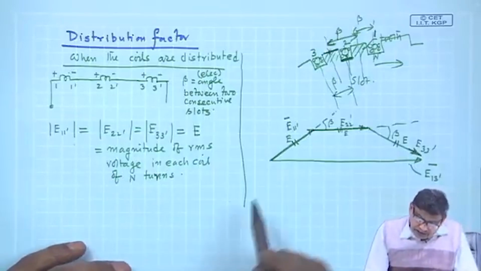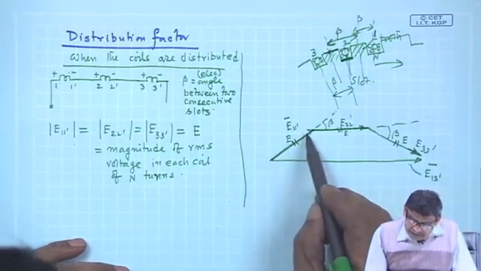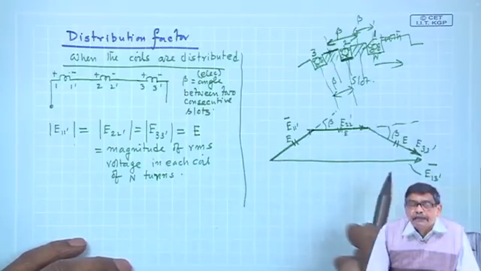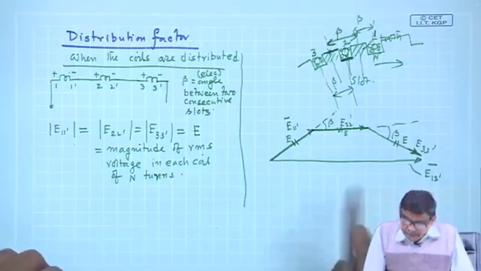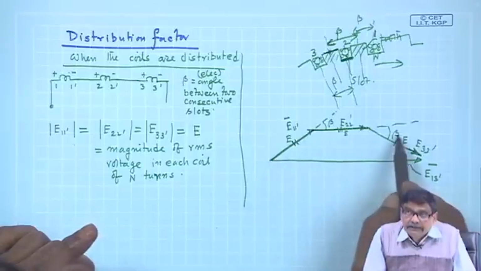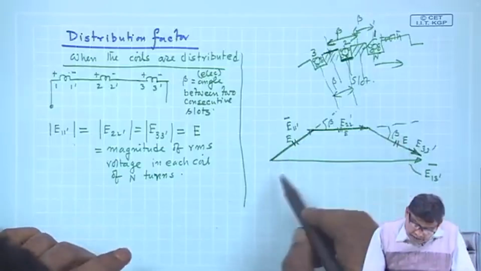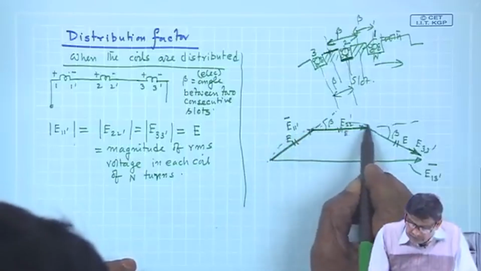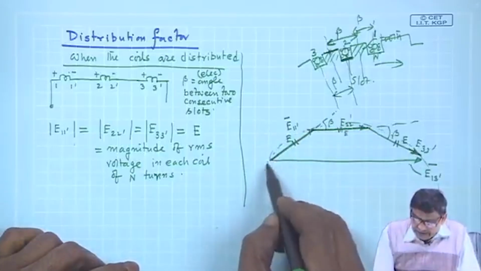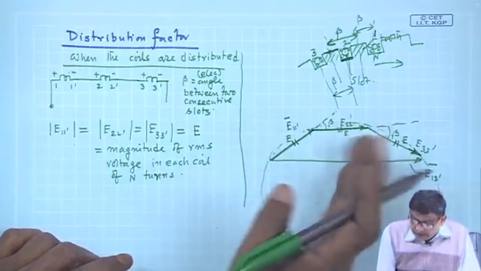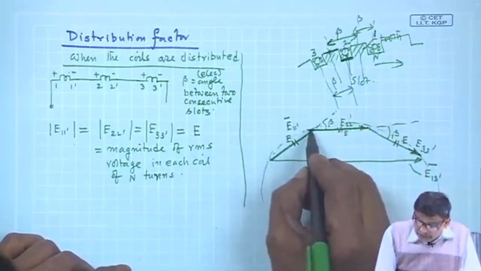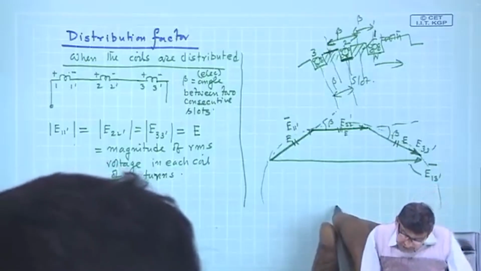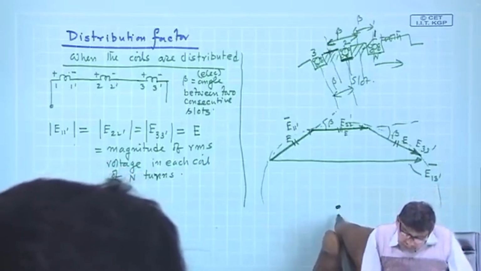Therefore, it looks like it is going to give you a regular polygon, each side of length E, and a regular polygon will have a circumscribing circle like this, I can imagine. The tip of each phasor will lie on that circle. Suppose the center of the circle is here, O.